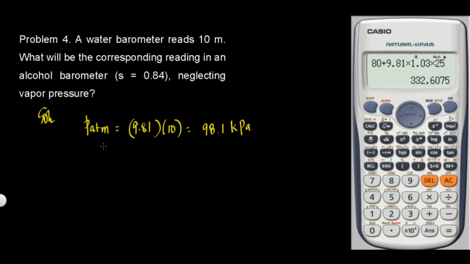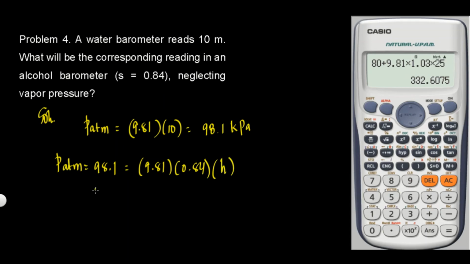Then, the next step is yung alcohol barometer naman natin. We have PATM, which is equal to 98.1, equal to the alcohol barometer: 9.81 times the specific weight, which is 0.84, multiplied by the height, yun ang hinahanap natin, the corresponding reading in an alcohol barometer.